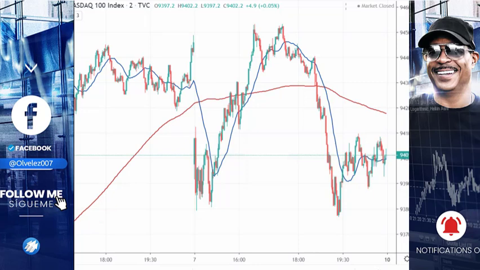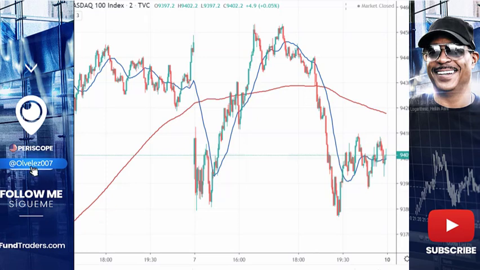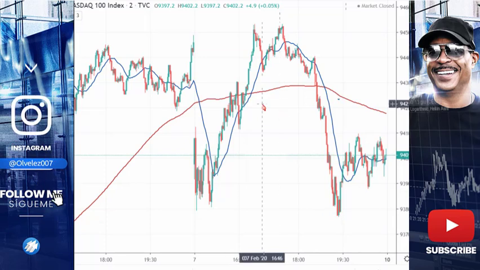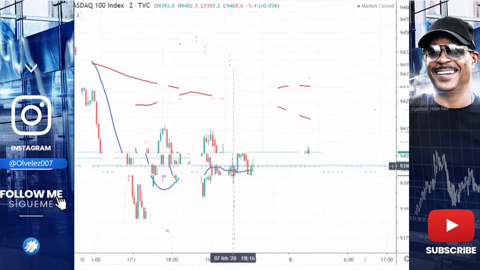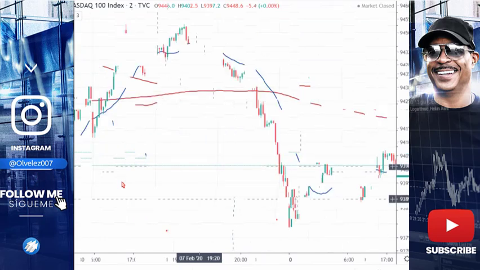I particularly want you to use the space concept that I'm talking about. It's a space concept. I particularly want you to use it with the 20-period moving average. So I'm going to spread this out a little bit. Let me see if I can spread this out. Yeah, let's do it like that.